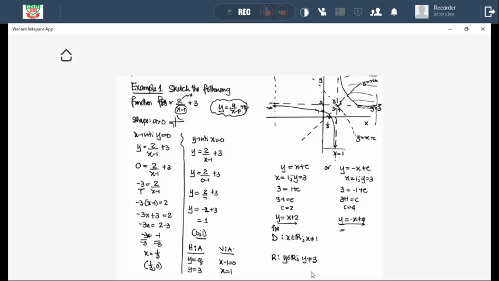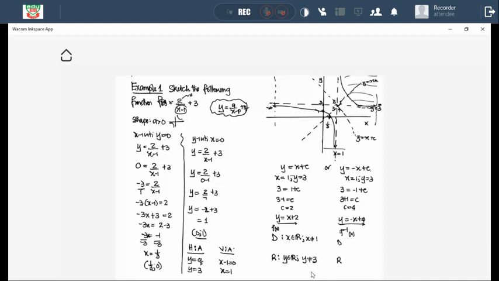Now I'm looking at f inverse. Remember we did that: to get the domain and range of f inverse, the restriction on the domain becomes the restriction on the range of the inverse, and the restriction on the range of f of x becomes the restriction on the domain of f inverse.